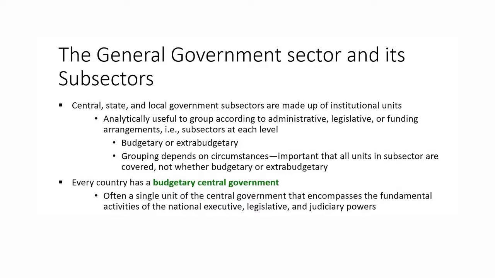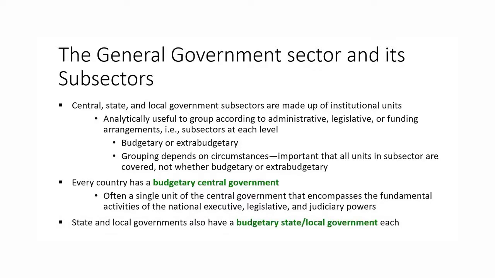This is also a typical characteristic: they have executive powers to enforce laws, their own legislation, and juridical powers. State and local governments also have their budgets, but they typically do not have legislative or juridical power.